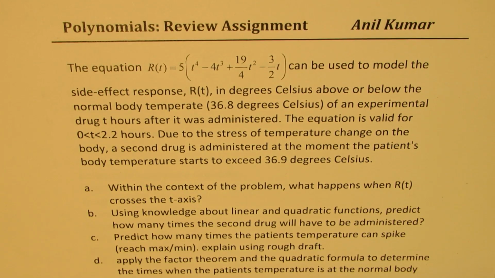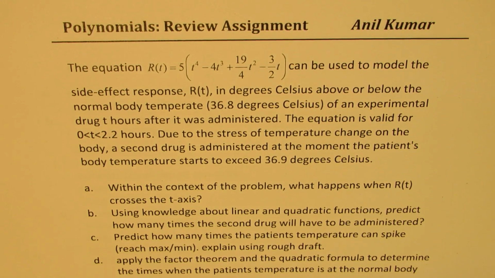The question here is, the equation r of t equals 5 times t to the power of 4 minus 4t cubed plus 19 over 4 t squared minus 3 over 2 t can be used to model the side effect response r of t in degrees Celsius above or below the normal body temperature 36.8 degrees Celsius of an experimental drug t hours after it was administered.